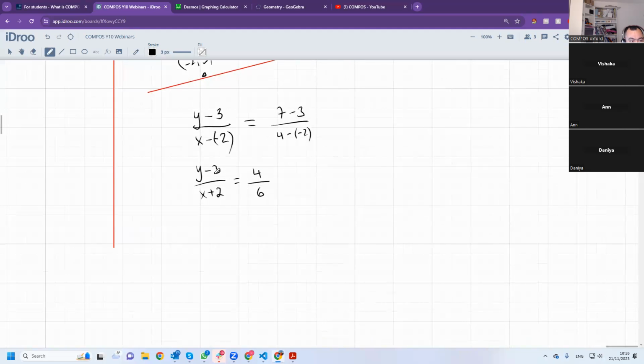Okay, so you can cross multiply. I will do this: y minus 3 equals 4/6, which is 2/3, times open bracket x plus 2.